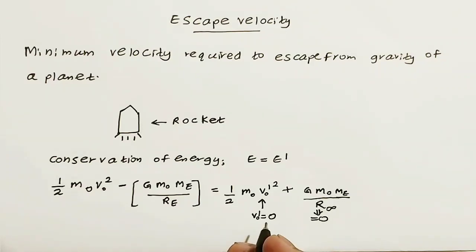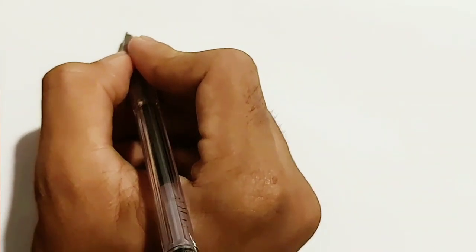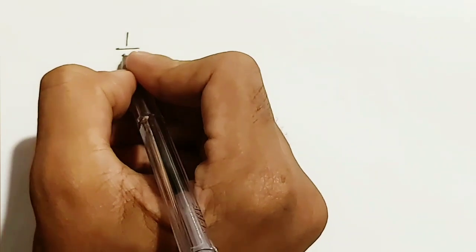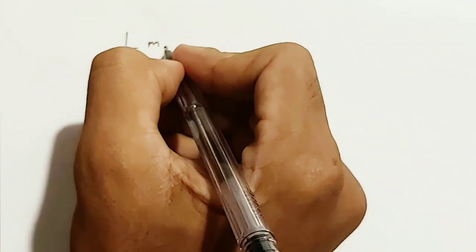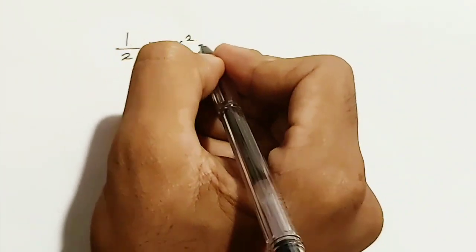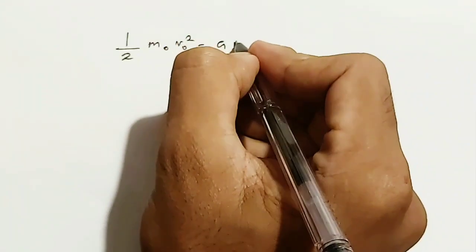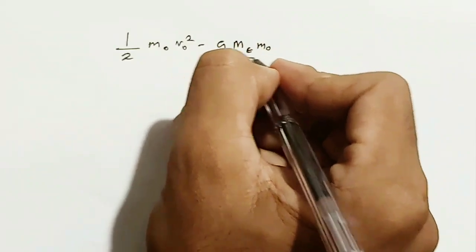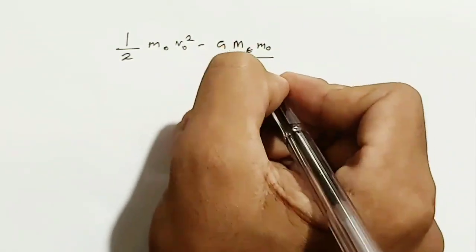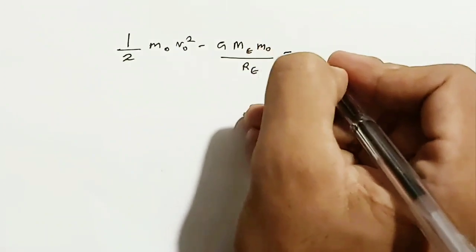So this equation is simplified further. The energy terms which remain are only the kinetic energy and the potential energy of the initial situation where the object was on Earth. So half m naught times v naught squared minus G times capital M_E times m naught divided by R_E, where R_E is the radius of the Earth, is equal to 0.